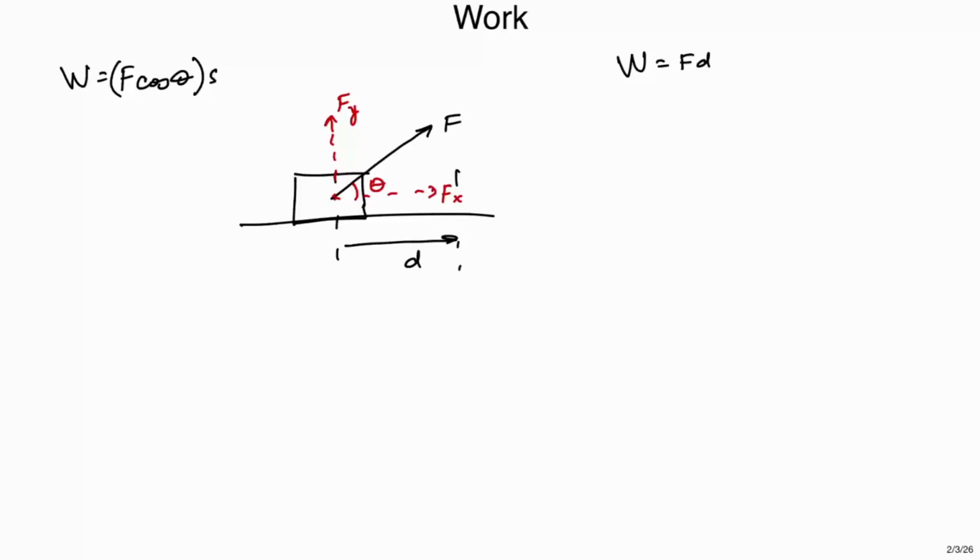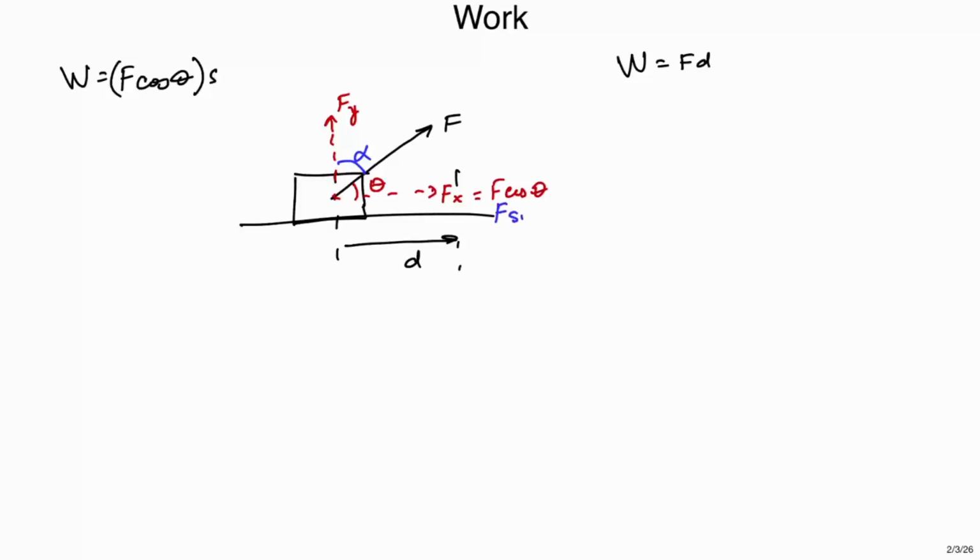The F cosine theta times d is kind of hard coding this idea that your angle will always be the way I've drawn it on here. Obviously, like here it works out, doesn't it? This F_x is going to be F cosine theta. Why? It's touching the angle. But what if the angle, and they'll try to do this to you, is up there?